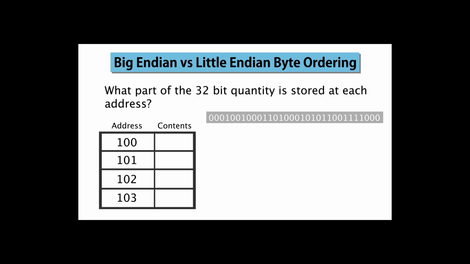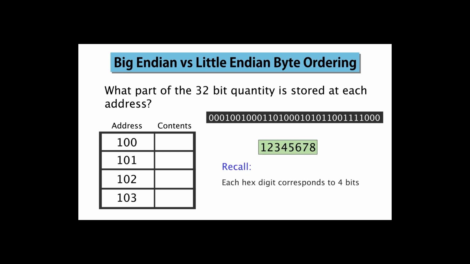Suppose we're storing the following 32-bit integer. To make it easier to represent, let's write it in hexadecimal or hex notation. Recall that each hex digit corresponds to 4 bits, so 2 hex digits represent 8 bits or 1 byte. This number can be divided into 4 byte-sized quantities as follows.